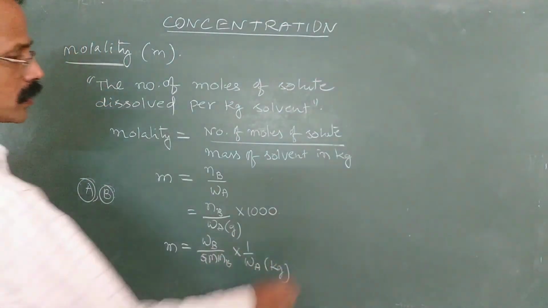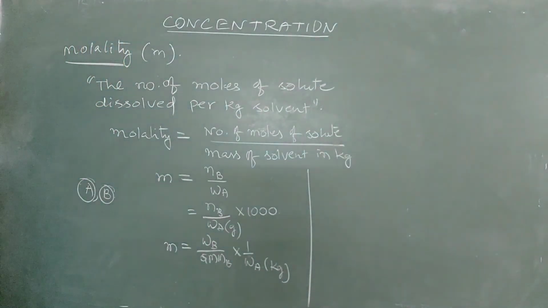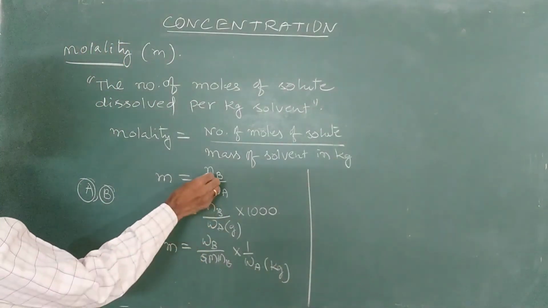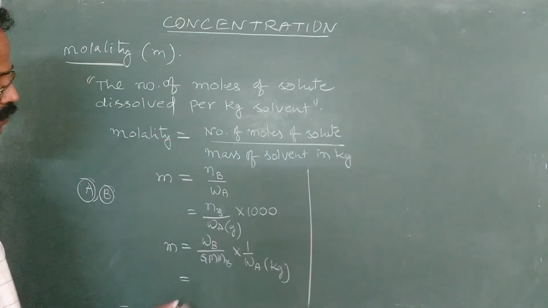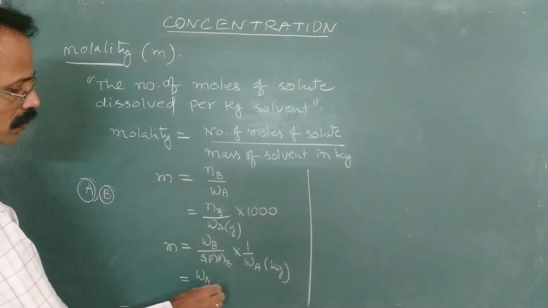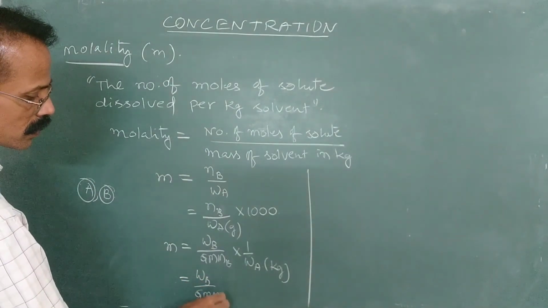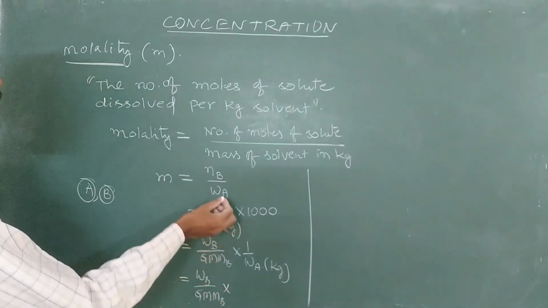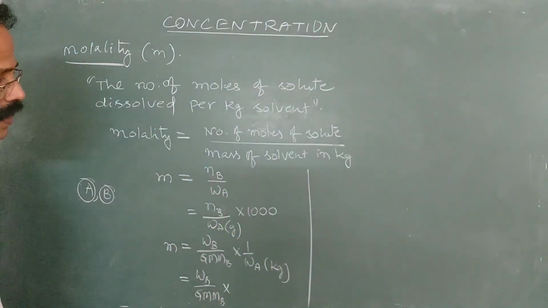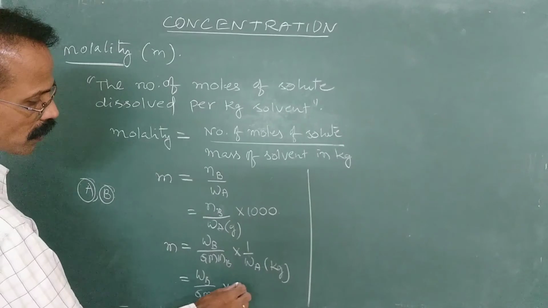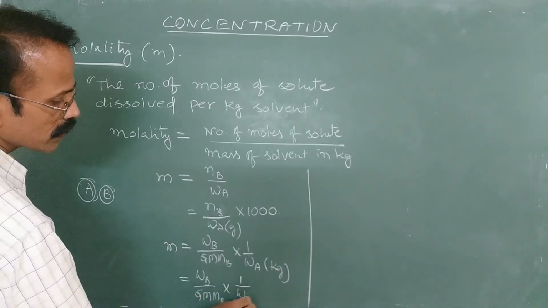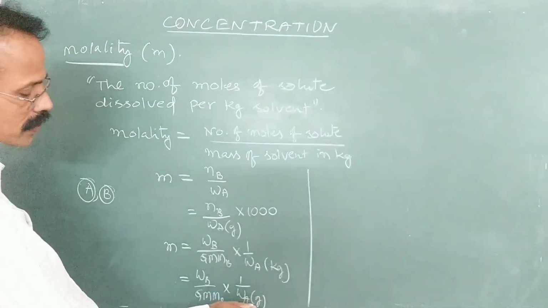Okay, so if the mass of solute is given in grams and the mass of solvent is also given in grams, in that case it is the mass of solvent in grams divided by 1000.